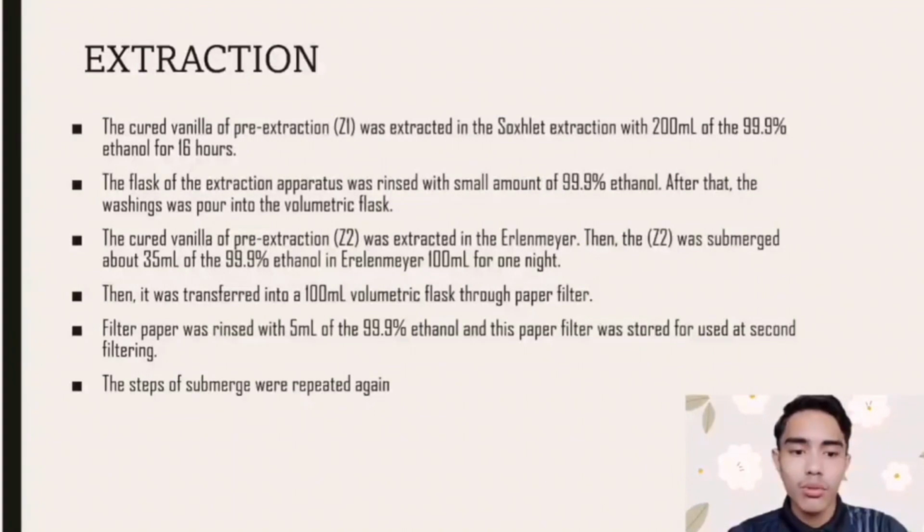Then the Z2 was submerged in about 35 ml of 99.9% ethanol in a 100 ml Erlenmeyer for 1 night. Then it was transferred into a 100 ml volumetric flask through filter paper. The filter paper was rinsed with 5 ml of 99.9% ethanol and stored for second filtering. Lastly, the submerging step was repeated again.